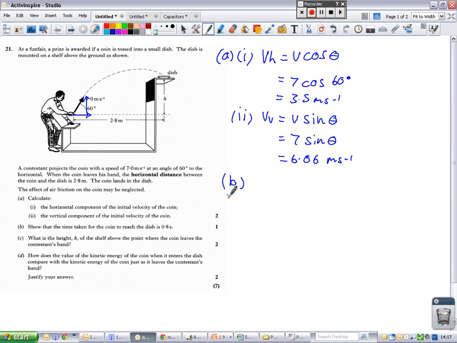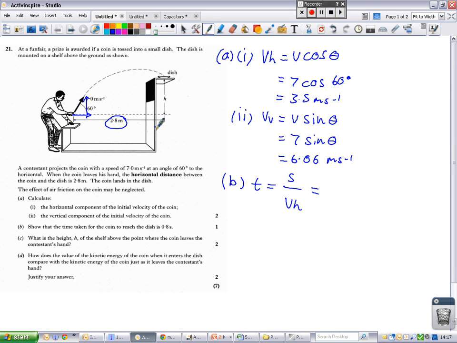Part B: show that the time taken for the coin to reach the dish is 0.8 seconds. You'll notice that you're given the range, or the horizontal distance, 2.8 meters. The easiest way to figure time out is horizontal displacement divided by horizontal velocity, because horizontal velocity stays constant.